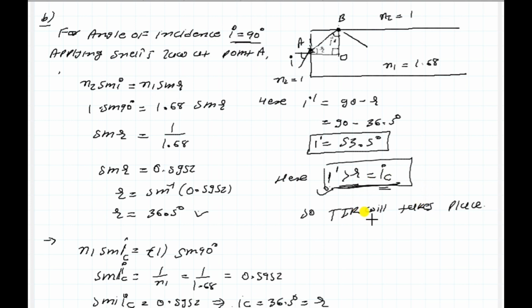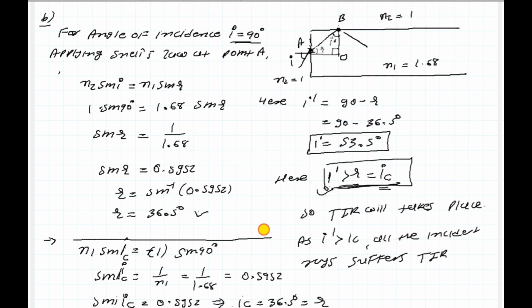So for all the angles below 90 degree, TIR will also take place. So as I dash is greater than IC, all the incident rays suffer TIR, total internal reflection. This is extra, no need to write this portion in the solution.